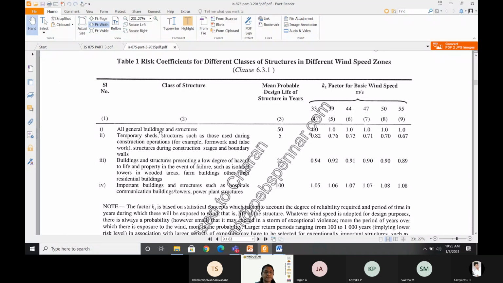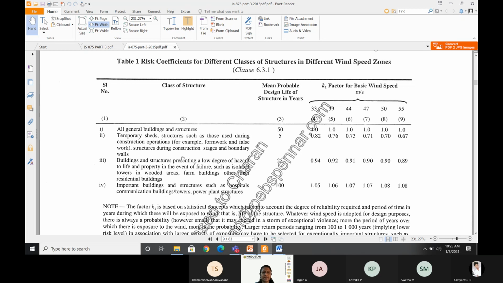So these are the different classes of structures. The second column gives you the mean probable design life of the structure in years. Mean probable design life means that when a structure is constructed, you first fix the design life. This building is going to be for a 50 years design life, or only 5 years or 25 years or 100 years.